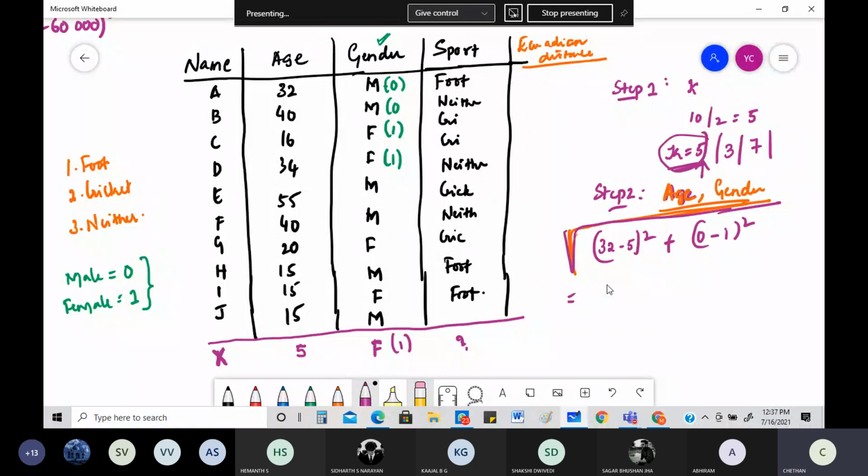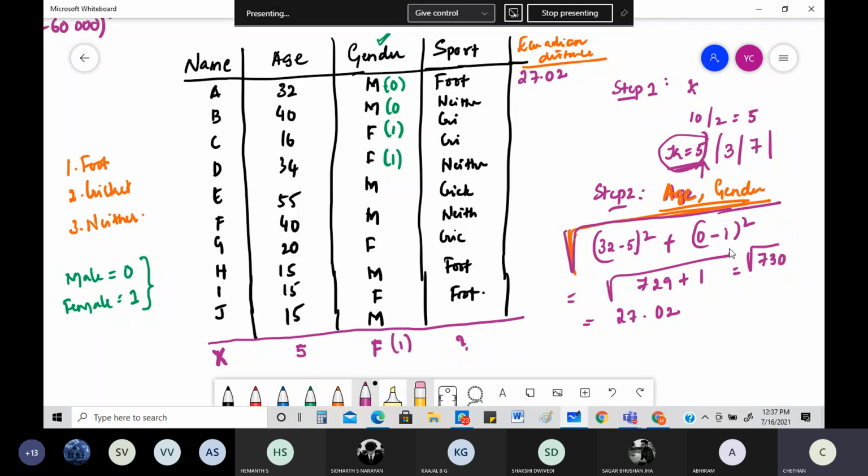What is the value you get? 32 minus 5 is 27. 27 the whole square is 729. 729 plus 1 square, which is 1, equals square root of 730. What is the value you get? 27.02. That will be the Euclidean distance of this person, with regard to this one.